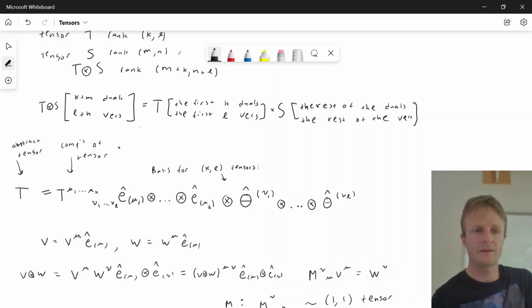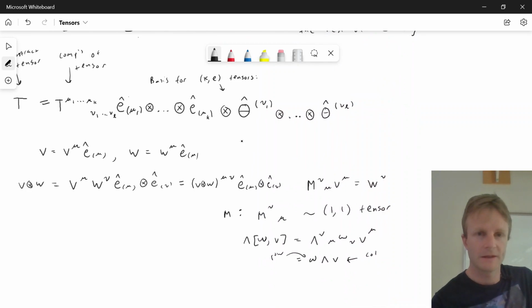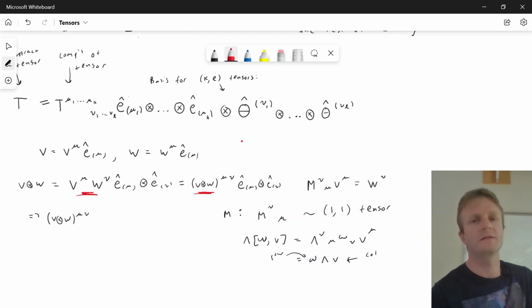Okay, so we can see from this equation then, this implies that the components of V tensor W, we're getting to the punchline here, mu nu, from this equation, have to be equal to this because they're hit with the same basis, and those are linearly independent.